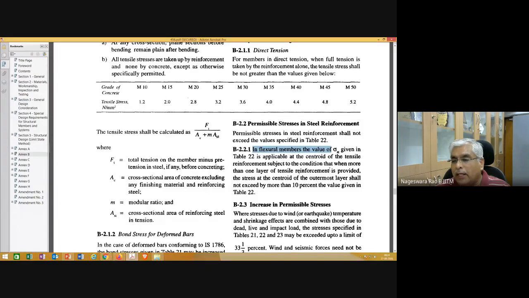Anyway, we need to make a note of the centroid of the reinforcement. Whether steel is in different layers or in one layer, we need to keep a note of the CG of the reinforcement.